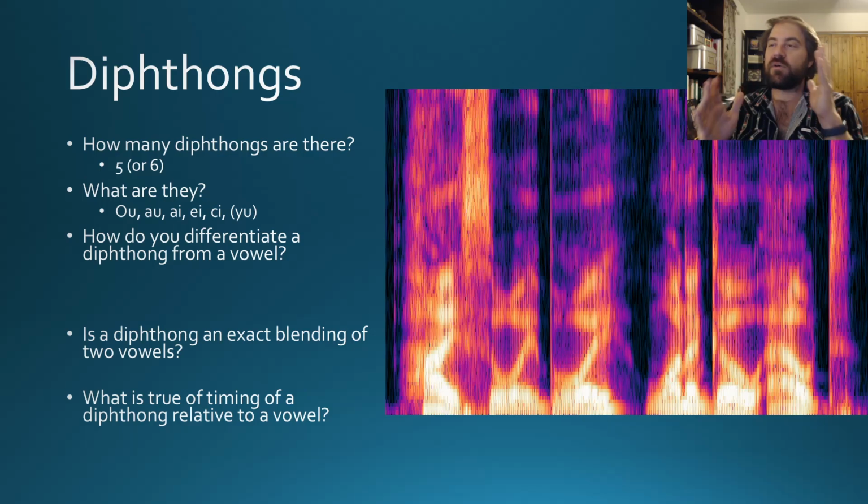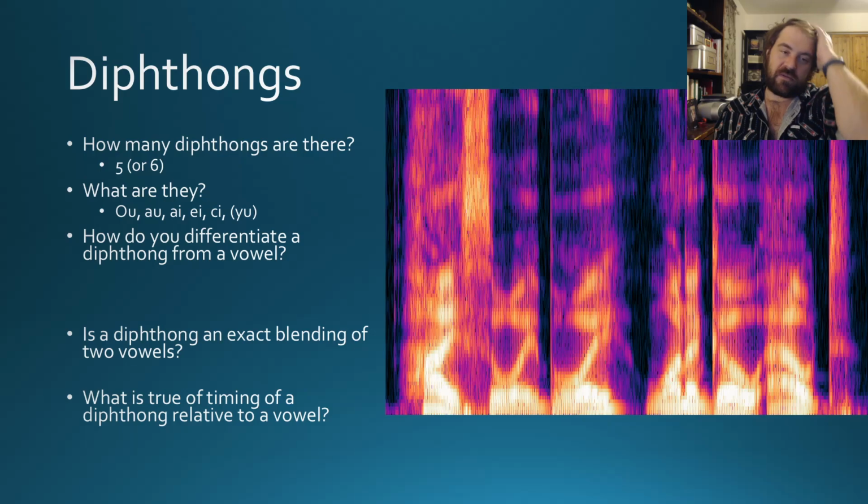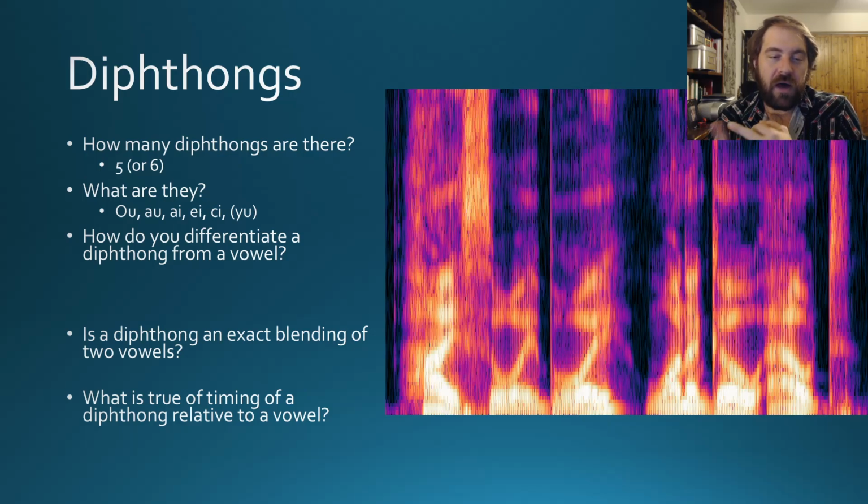So you'll have either 5 or 6. What are they? They're ow, o, ow, I, a, and oi.